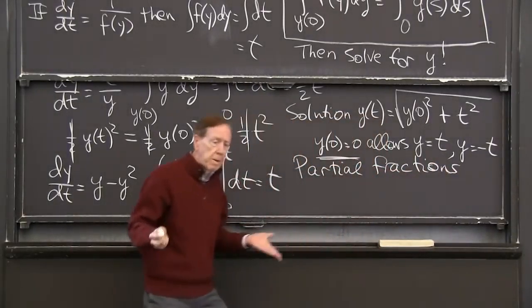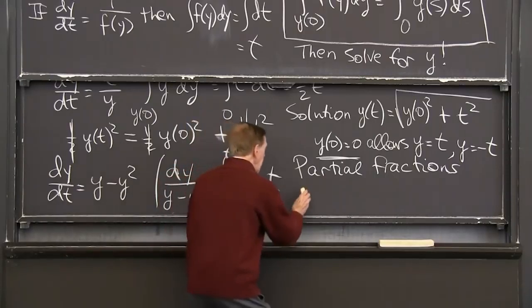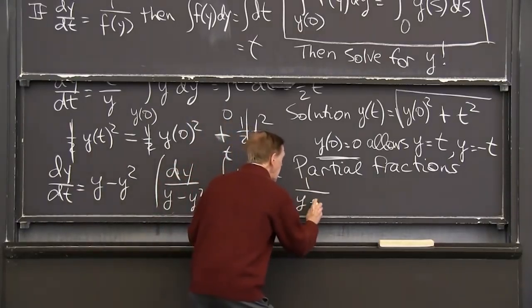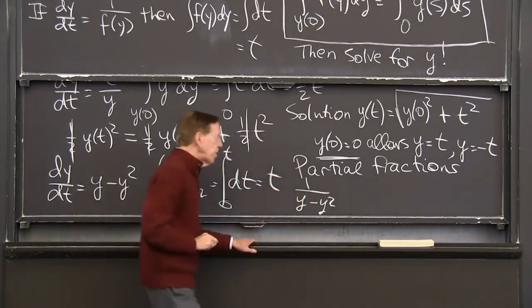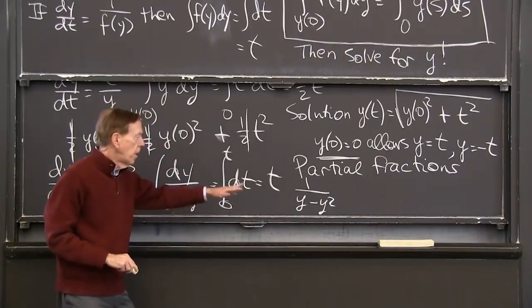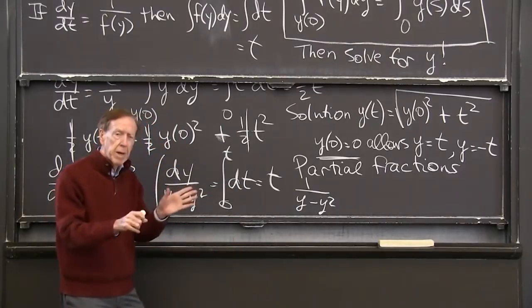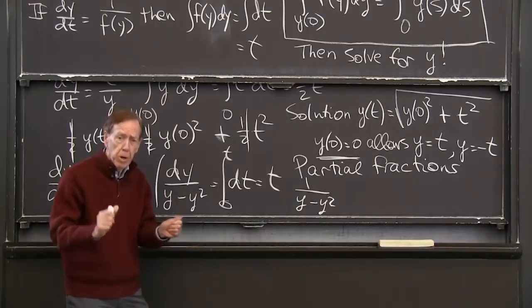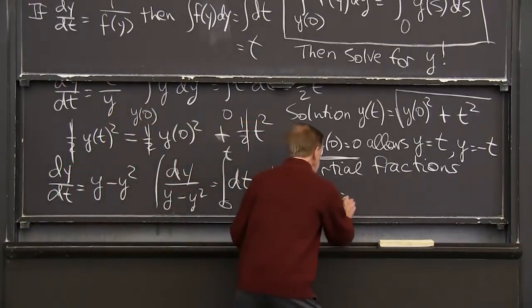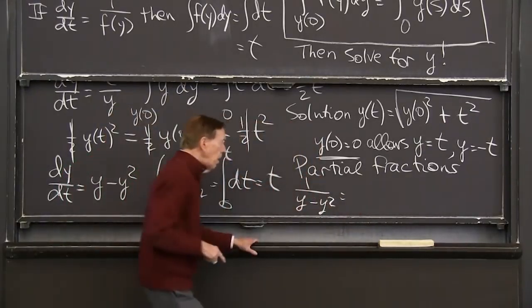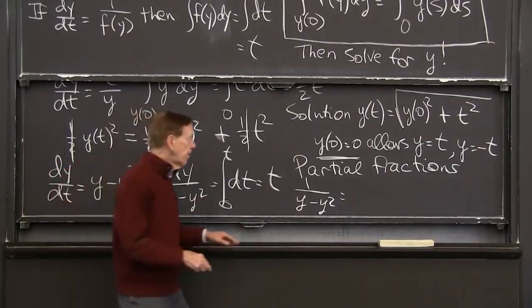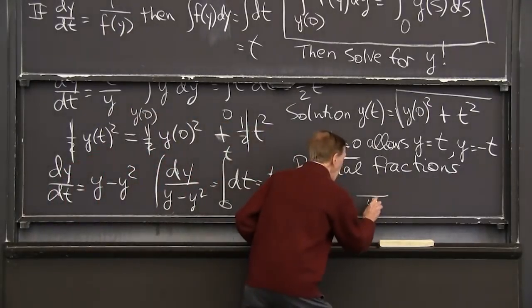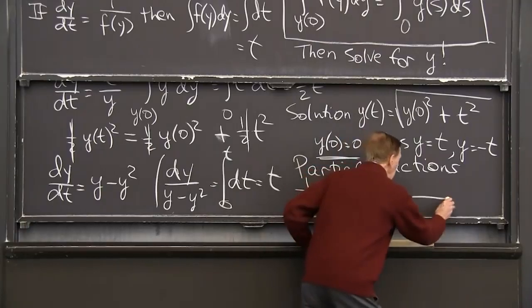And I'll just say here what it means. It means that I want to write this 1 over y minus y squared in a nicer way. 1 over y minus y squared can be split up into two fractions. Those are the partial fractions. So I'm going to factor that. y minus y squared factors into y and 1 minus y.